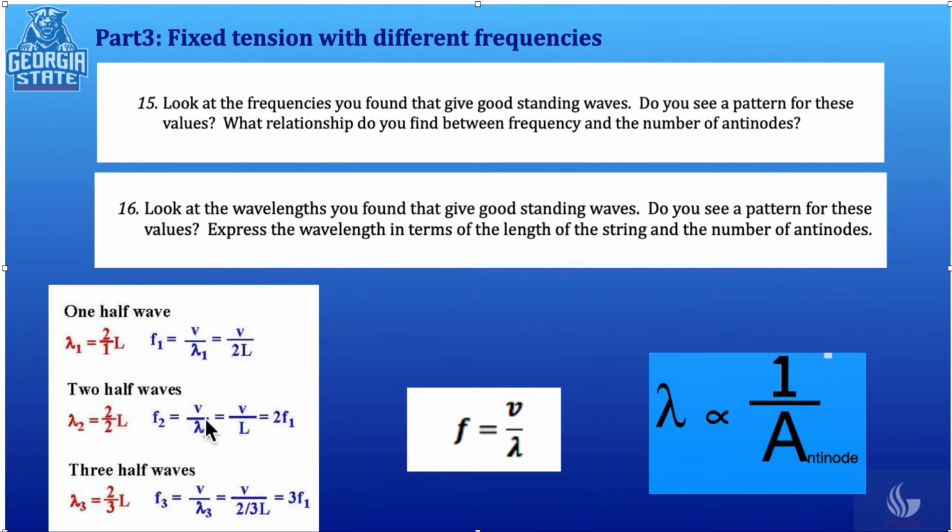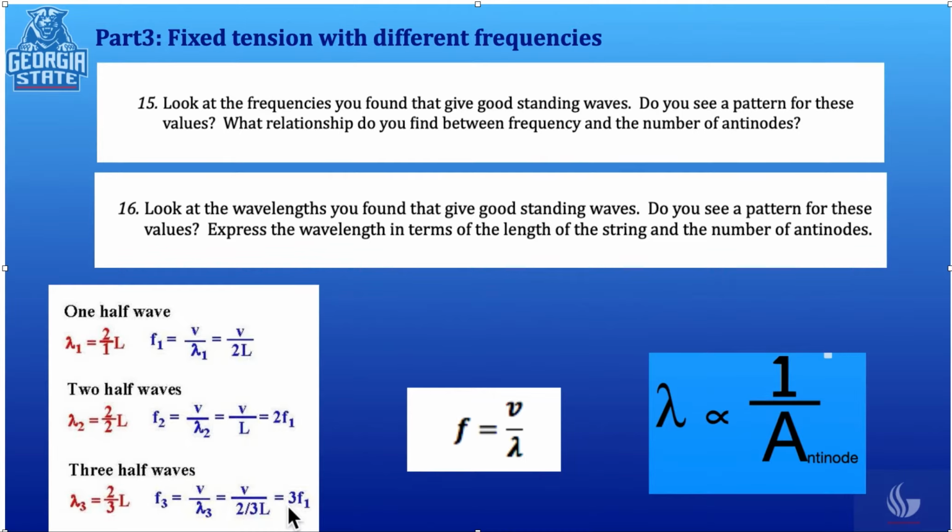First of all, recall this first figure, which we discussed earlier: if we have 1 segment, our frequency was V by 2L. If we had 2 segments, our frequency was 2F1, and with 3 segments, our frequency was 3F1.